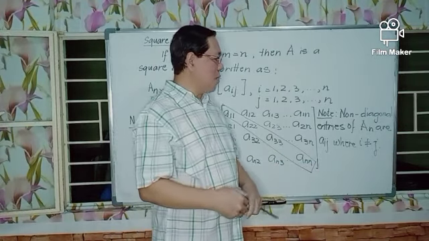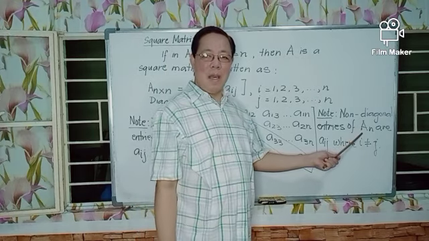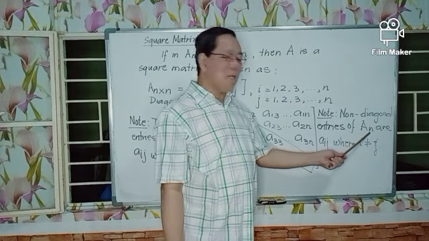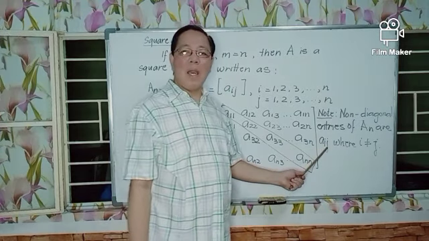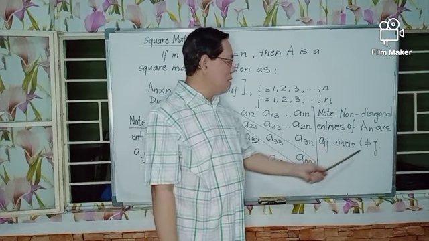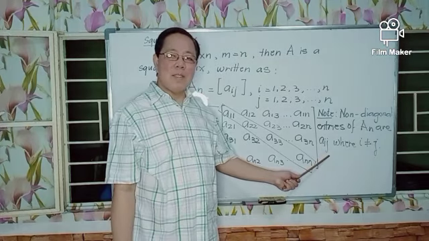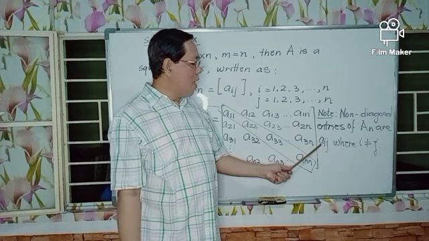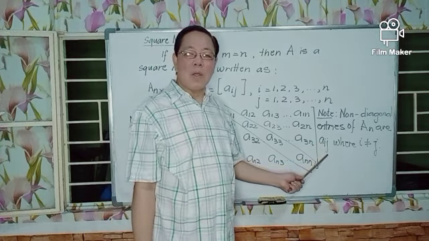Again, the non-diagonal entries of the square matrix A sub n, which is a square matrix with n rows and n columns, are the entries denoted by a sub ij, where the first subscript i is not equal to the second subscript j, which means that the row number of the entry is not the same as its column number.